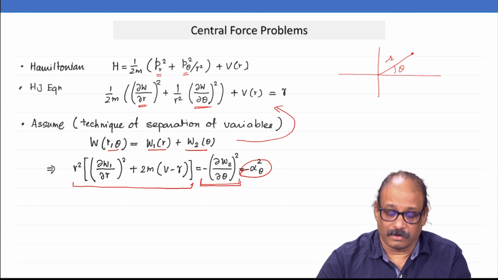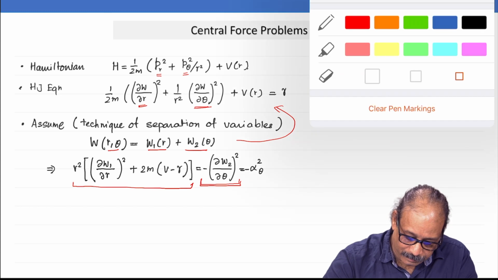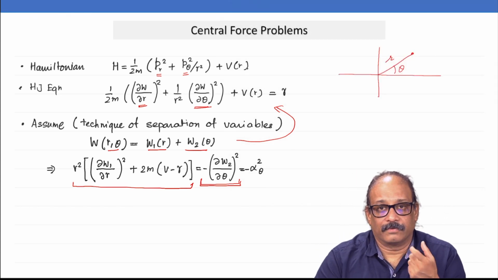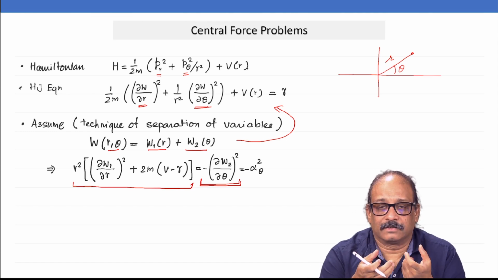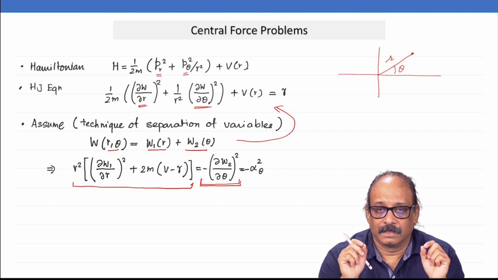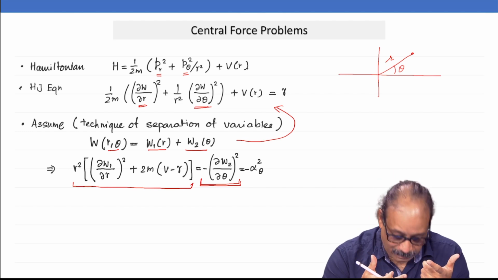Okay. It must be constant. I will set the equation equal to some constant there. Okay. So, now using separation of variables you have separated that one differential equation into two separate differential equations, one in r and one in theta. Okay.